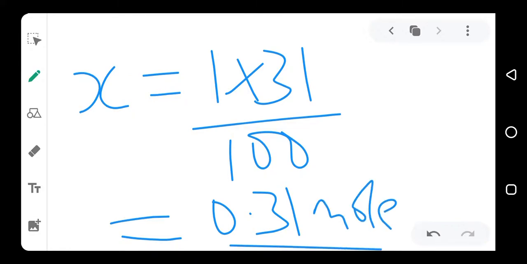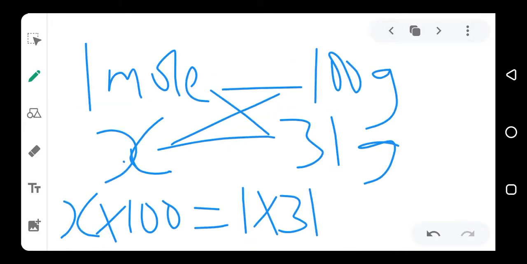This is the answer. This is the number of moles of calcium carbonate that is contained in 31 gram. It simply means that if 1 mole gives us 100, 0.31 mole will give us 31 gram of the substance.